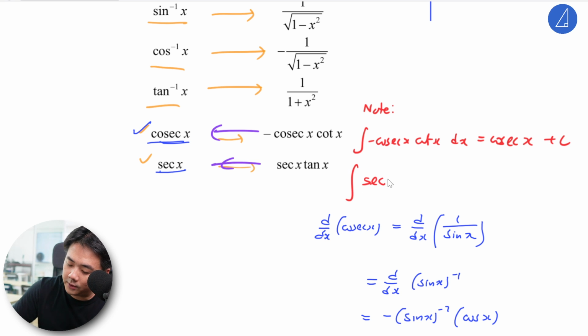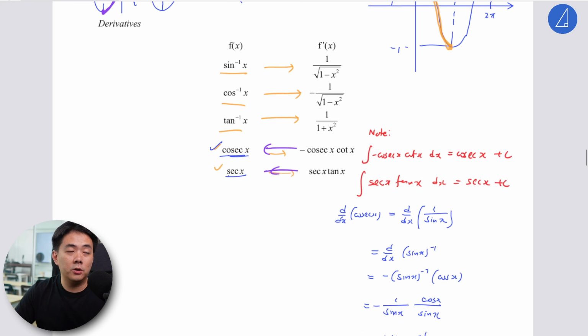Then of course secant x tangent x dx will also be secant x. Just remember that. Okay, so if you see weird trivial integrals, please refer to MF27. Just know that you will also have these two free integrals here, but it's not very common to ask this question. Okay, just understand that.